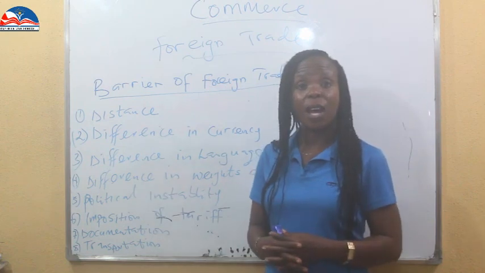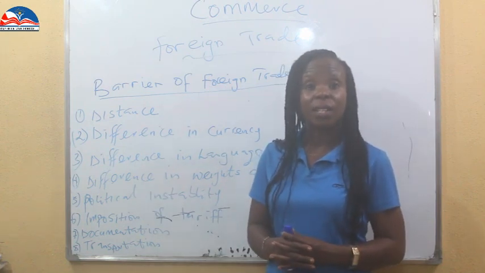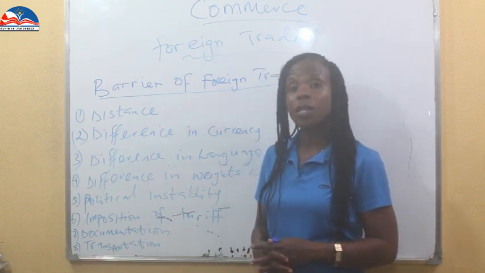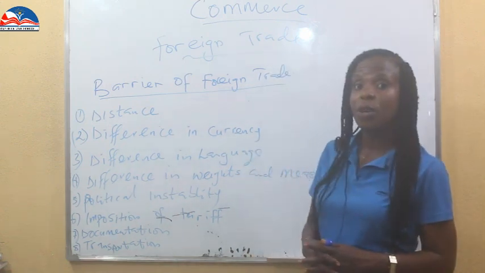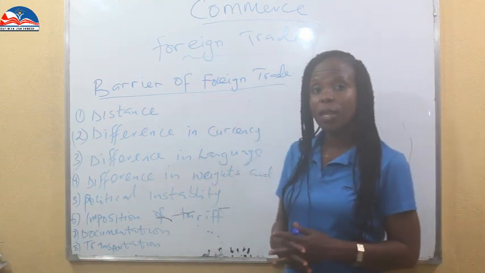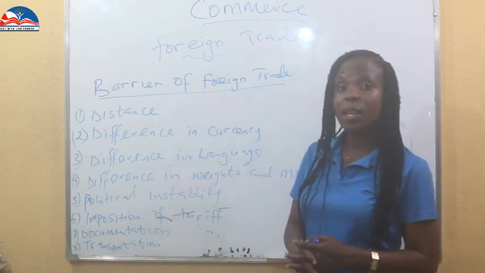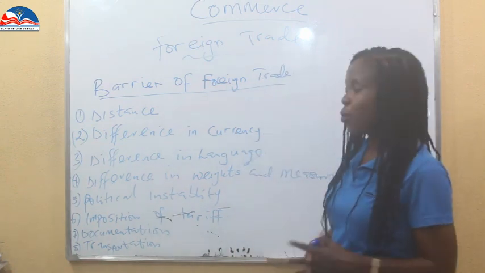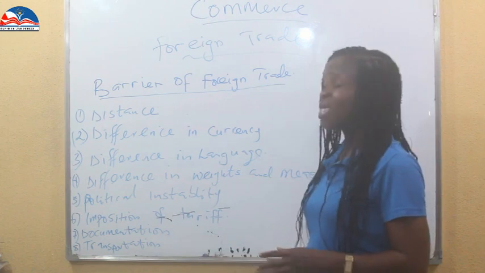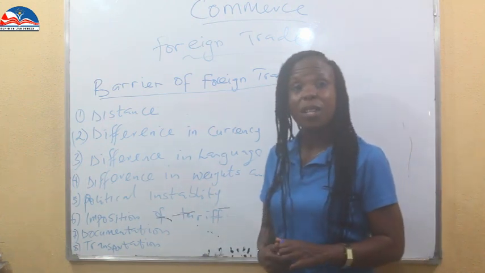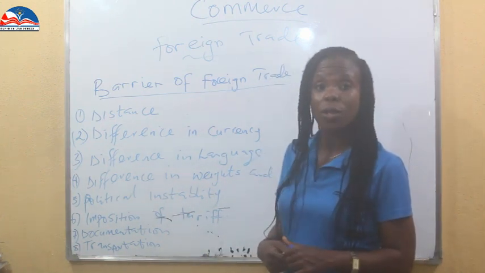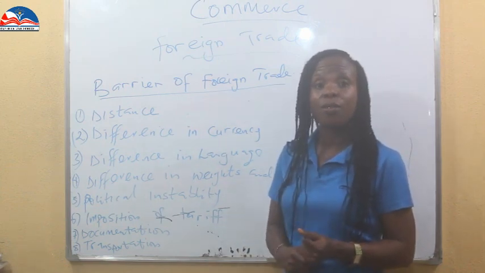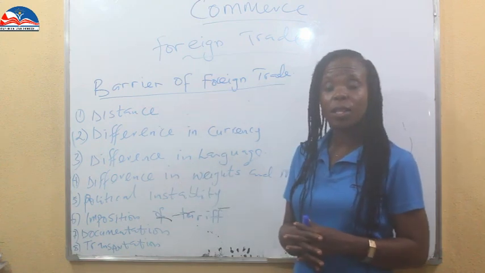If imported goods are excessively charged or excessively taxed, it becomes a problem for foreign trade because this excessive tariff will make the goods very costly or very high in price, making the demand very low. Their profitability will be very low, minimum. Documentation. The documents used in foreign trade are so numerous, unlike home trade, where you have little documentation involved.